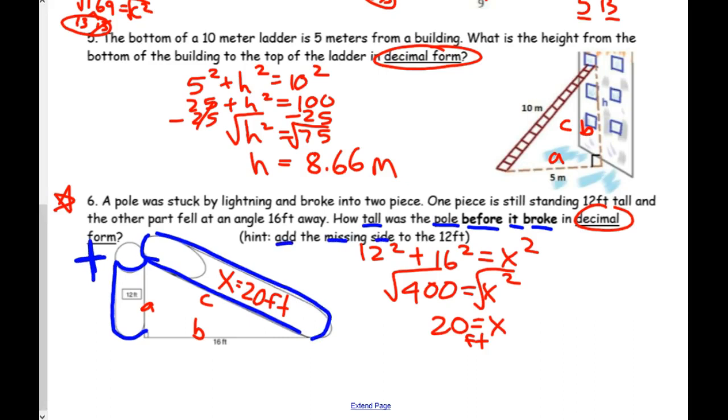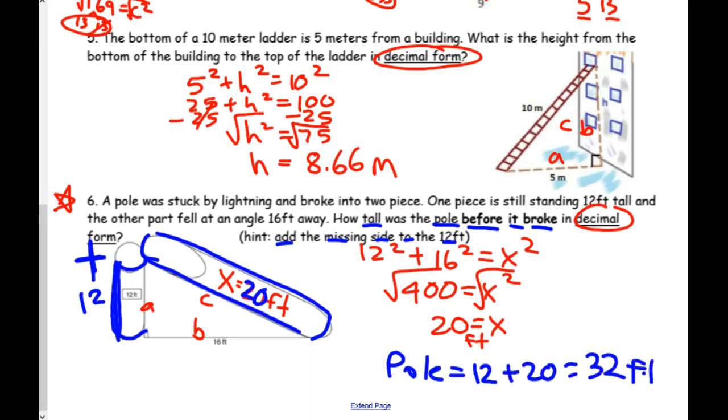Add the missing side to the 12 feet. So the pole equals the 12 on the bottom plus the 20 on the top, and that gives you 32 feet. Do not get caught putting this. This is not the answer. Alright, careful.